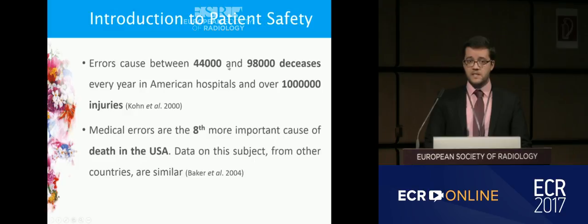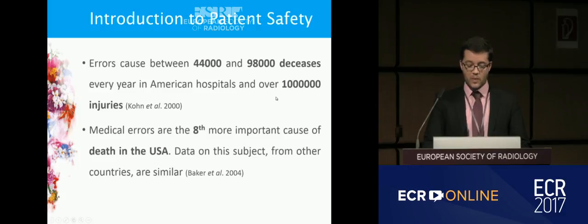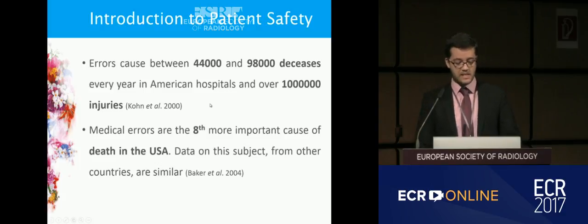I bring some statistics about patient safety. Kohn et al. said that between 44,000 and 98,000 deaths are caused by patient safety issues, not the underlying condition of the patient, and more than 1 million are injured during the healthcare process.